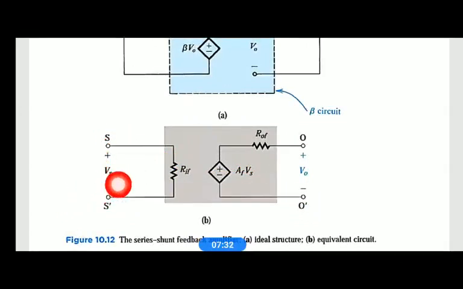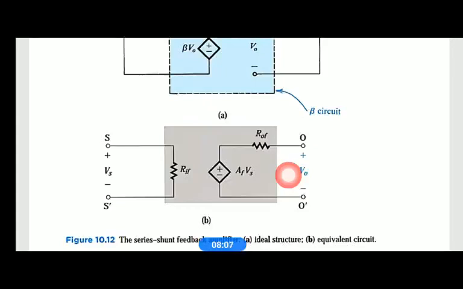If you look from S and S dash, the voltage applied is Vs, the resistance between S and S dash is RIF, and the current flow is II. Whereas looking from O and O dash, the total voltage you get is the gain AF multiplied with the applied voltage Vs, AF into Vs, and the resistance looking from O and O dash is ROF, not R0.